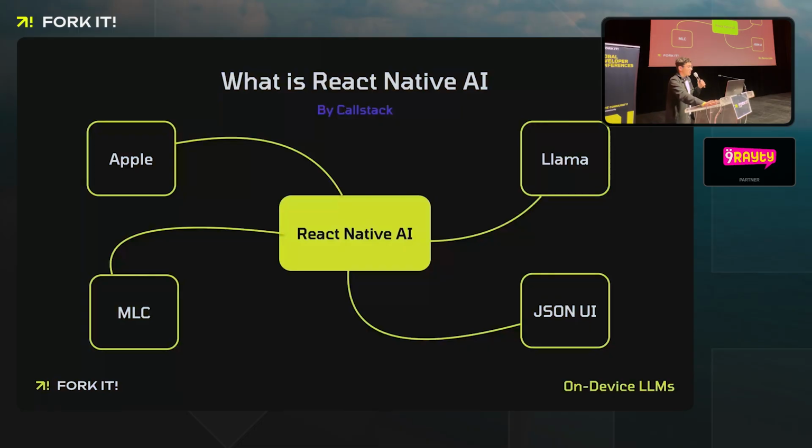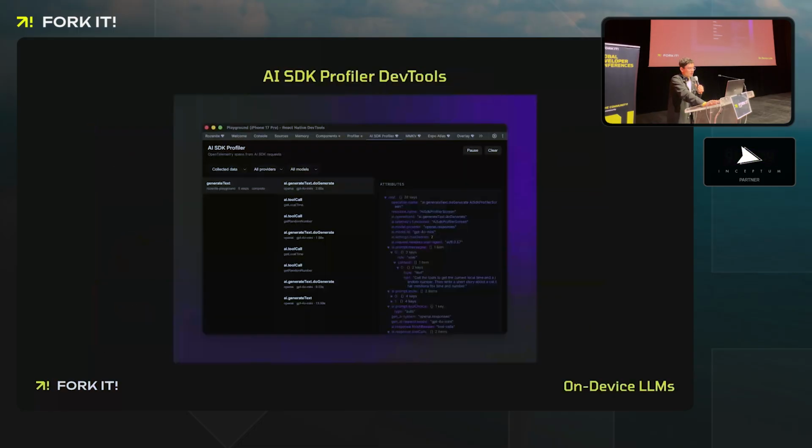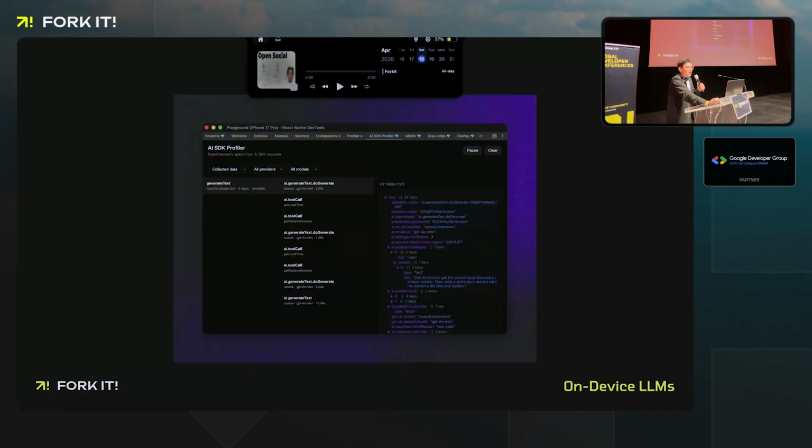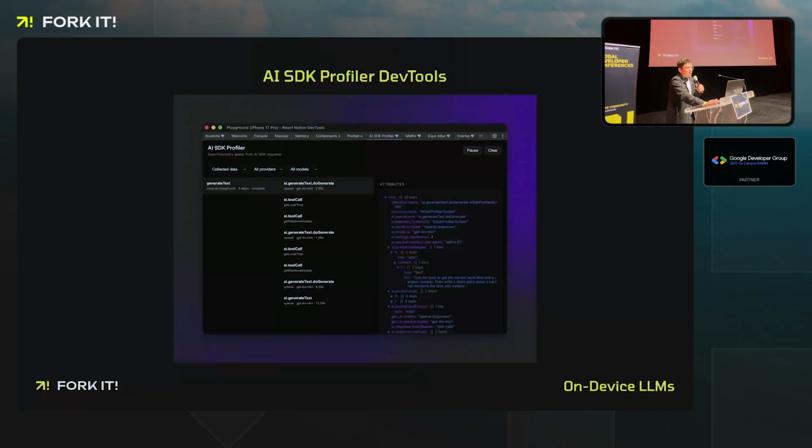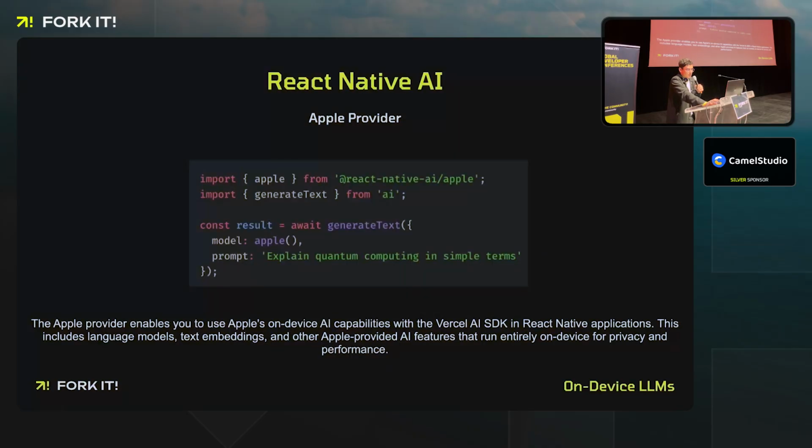And Google is still a work in progress, by the way. In addition, we have a plugin for the AI SDK Profiler DevTools, so we can monitor what is happening under the hood. We can see, for example, many parameters such as the given prompt, the received result, etc. You can find this in the documentation also.